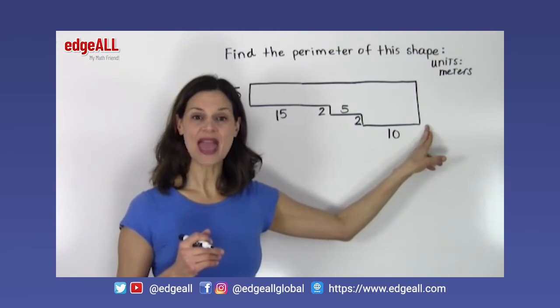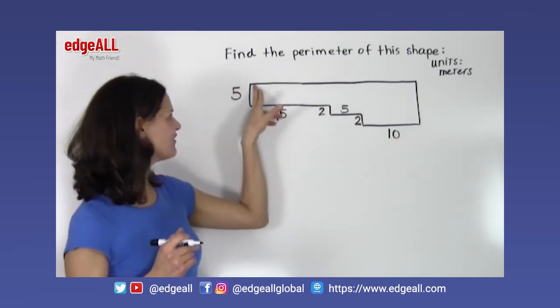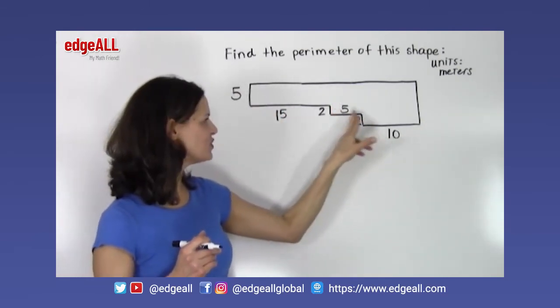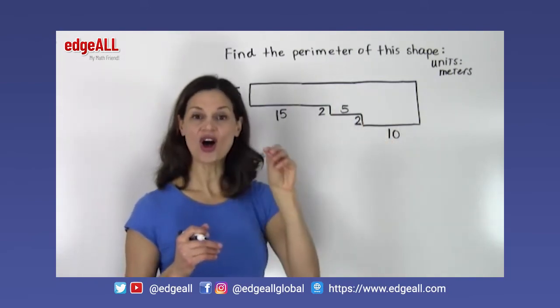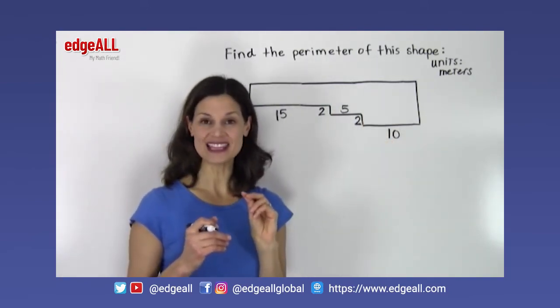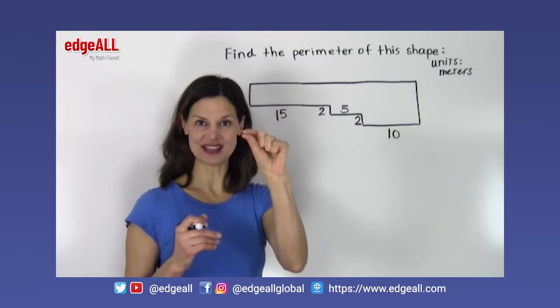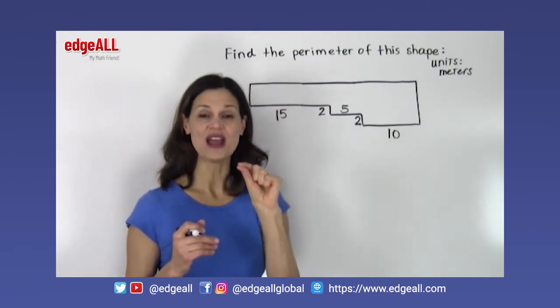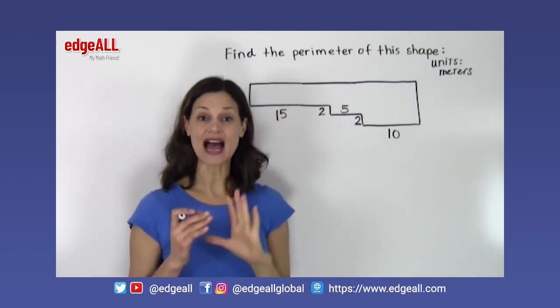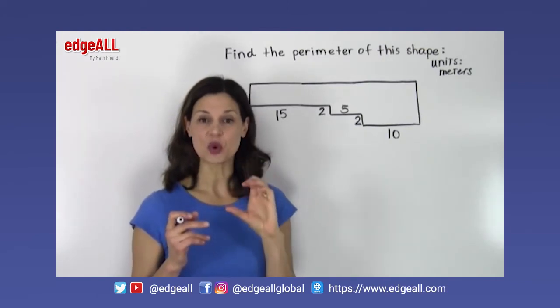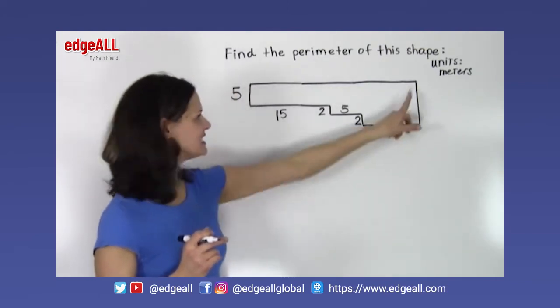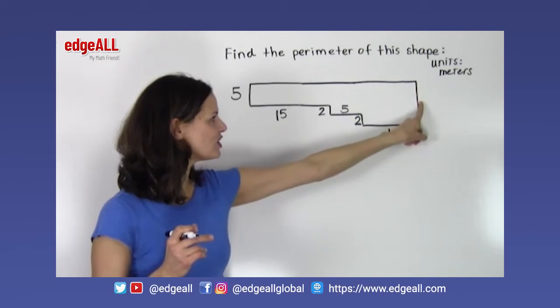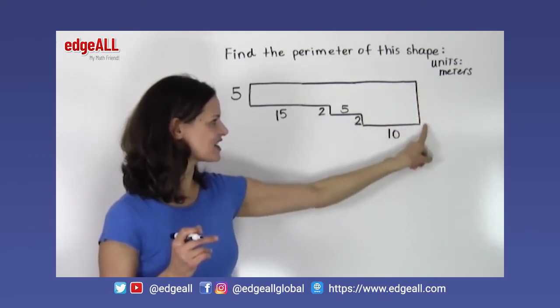So if we imagine all of these, the 5 and the 2 and the 2, all lined up in a straight line, so 5 plus 2 plus 2, we can see that the combined length of those shorter sections is the same as the total length of this long section.